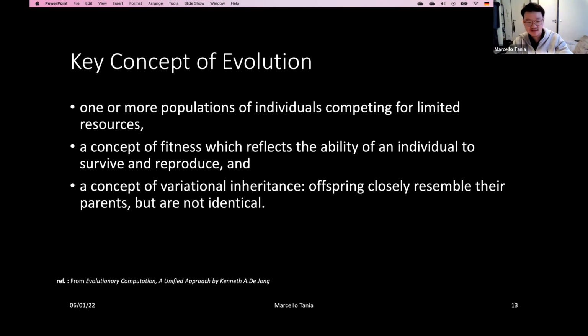the parents reproducing their offspring, but the offspring is not going to be identical. For example, my parents and I are similar, but we are not identical. I use two concepts with more details in my programming.